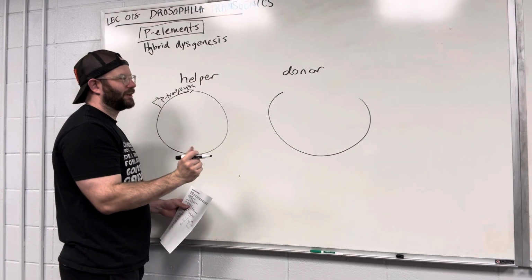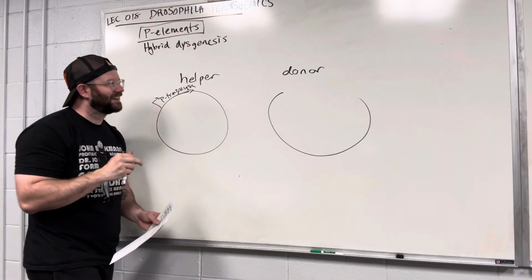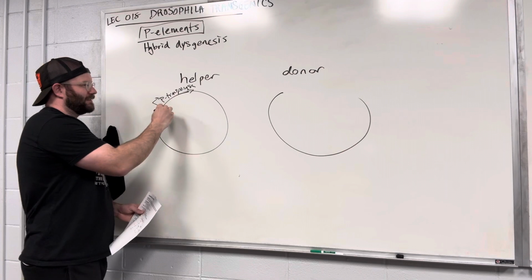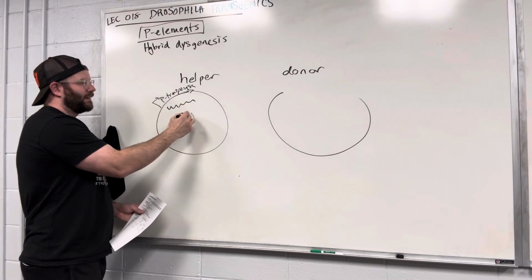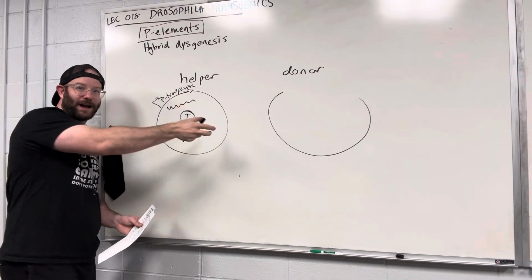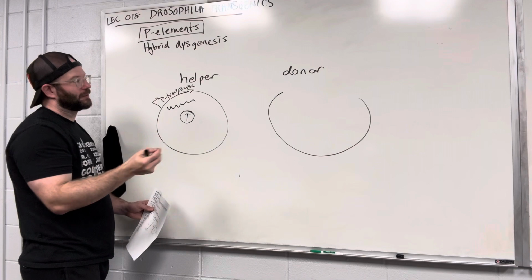Does anybody remember what they're called? Otherwise, this is a good review, I guess. Transposases? Okay, so we know that transposases are jumping genes. They get transcribed into messenger RNA, that gets translated into a protein, that protein comes and it binds to DNA and it grabs stuff and it cuts it out. What's the site name that it binds to?